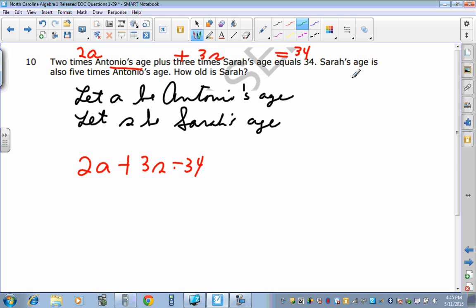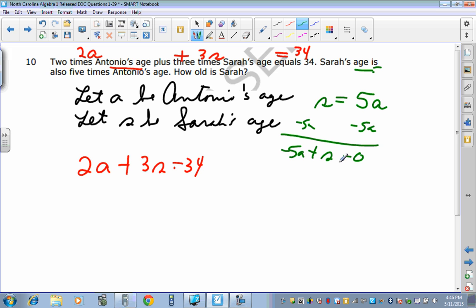It says Sarah's age is also 5 times Antonio's age. If we make that standard form, we can subtract 5A from both sides. That gives you negative 5A plus S equal to 0.